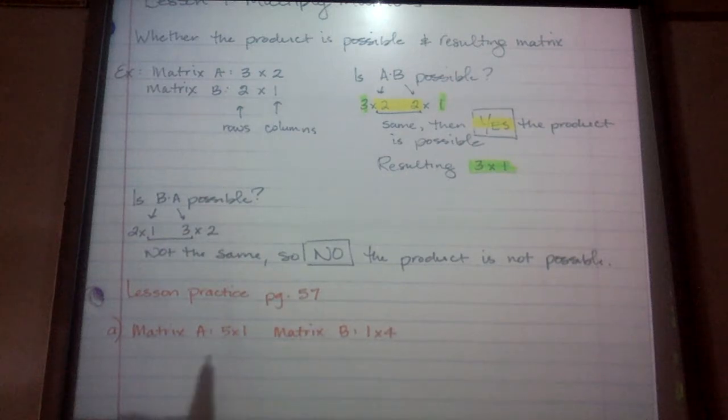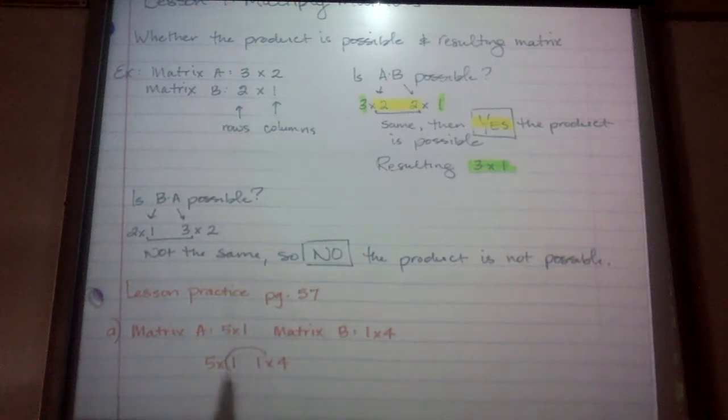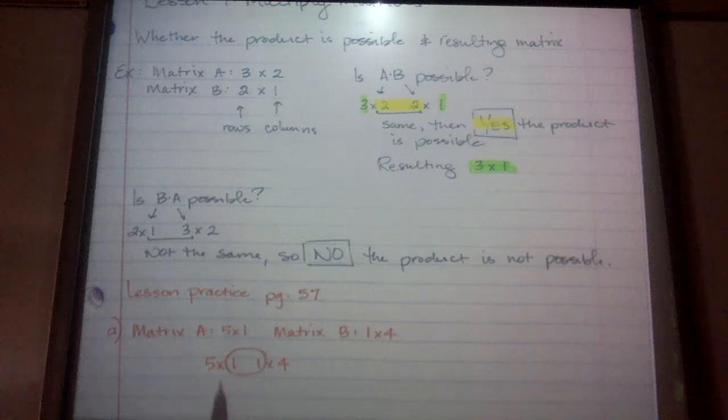So I'm going to write them next to each other. So 5 by 1 and a 1 by 4. Since the two numbers in the middle are the same, I would say yes. And it also asked, what are the dimensions of the product matrix? The product matrix is a 5 by 4.